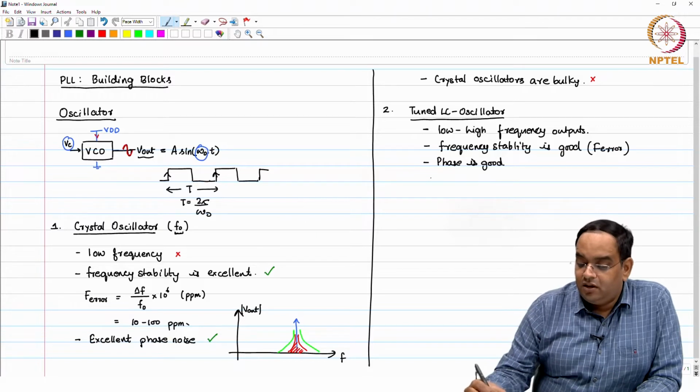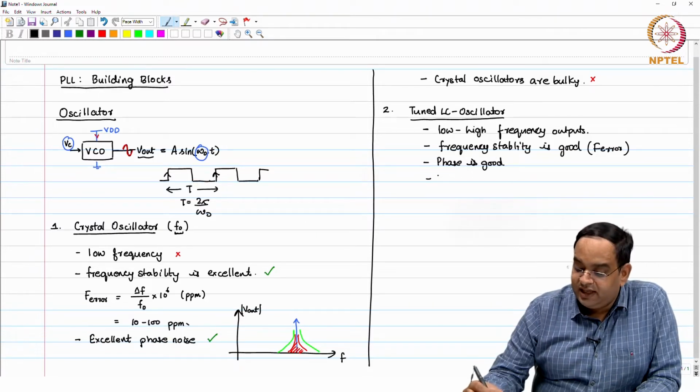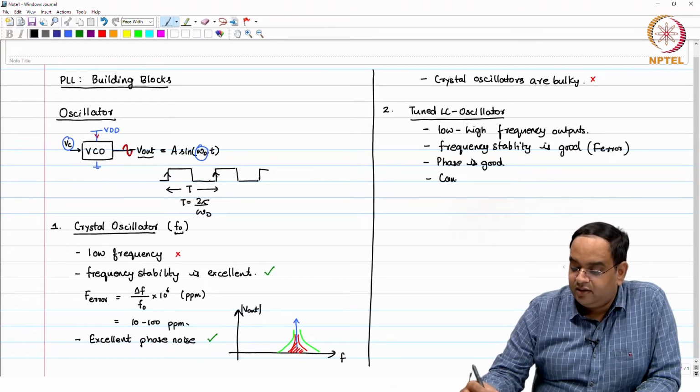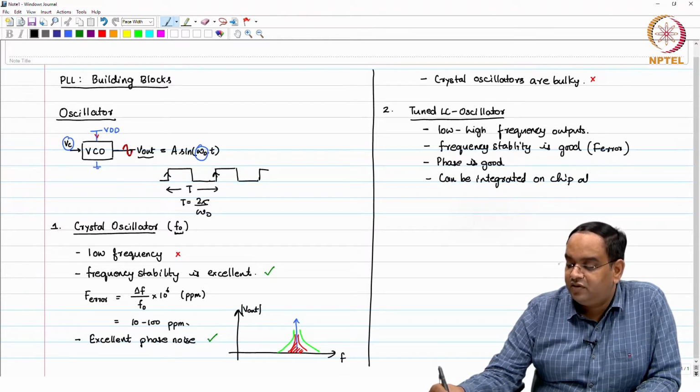Okay. Then when we come to the point of integration, they can be integrated on chip at the cost of large area for inductors. Okay.